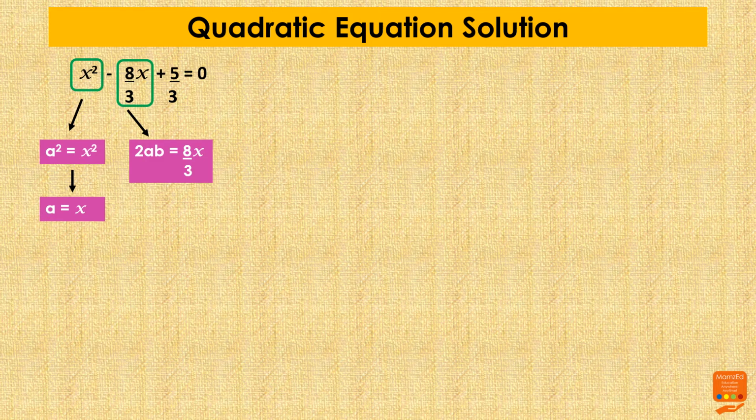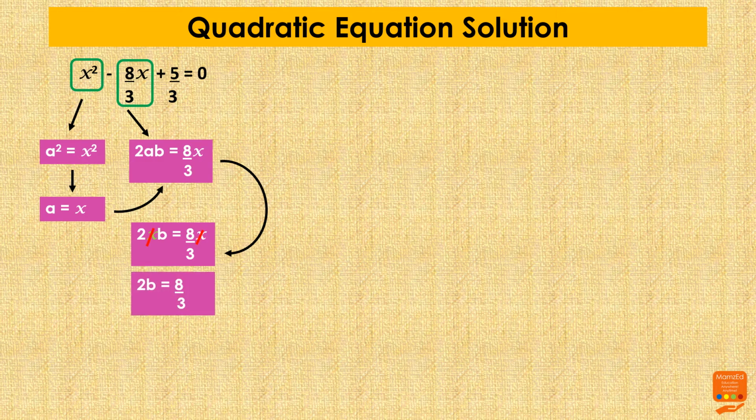And when we replace a with x in 2ab, we get 2xb, which is equal to 8 by 3x. x cancels out, and we get 2b is equal to 8 by 3. We divide 8 by 3 by 2, and we get the value of b as 4 by 3.